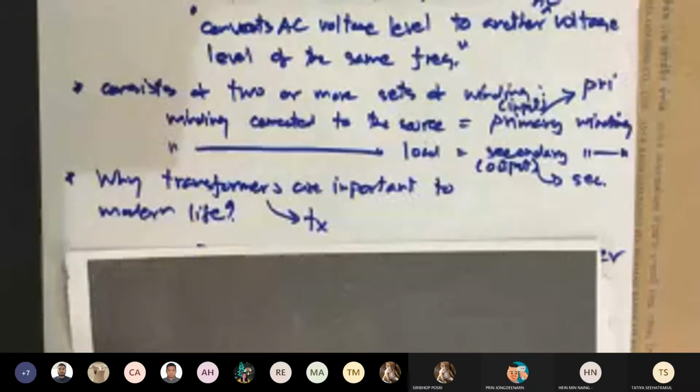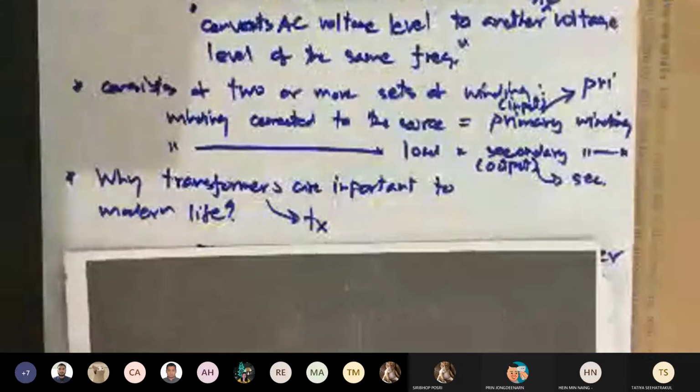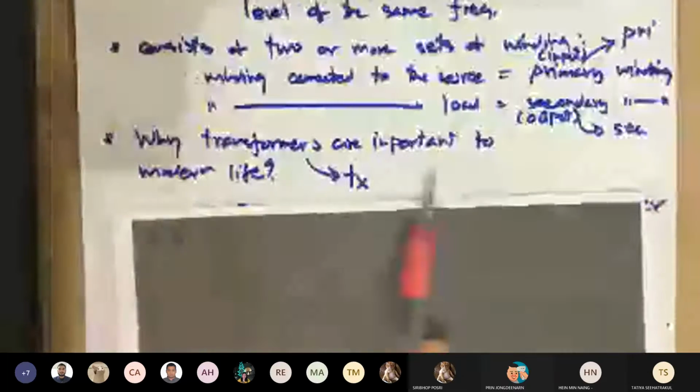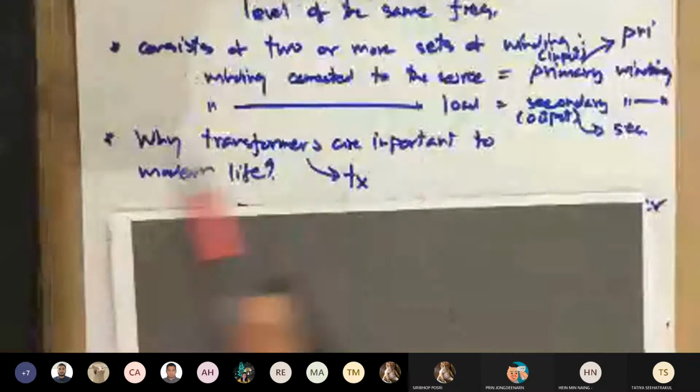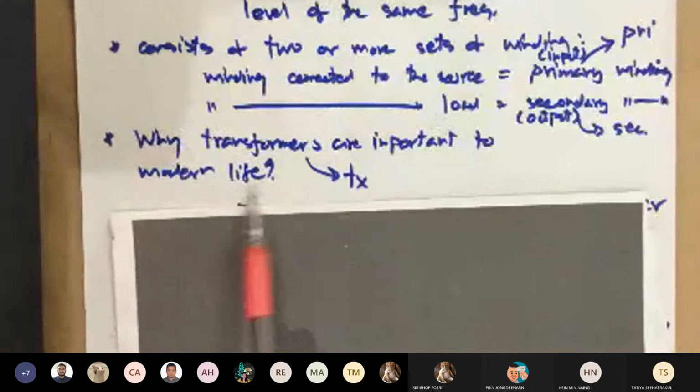So the question is, why is it part of our lives? Why is it so important? This is one of the questions your textbook was asking, which you need to know: why transformers are important to your modern life.